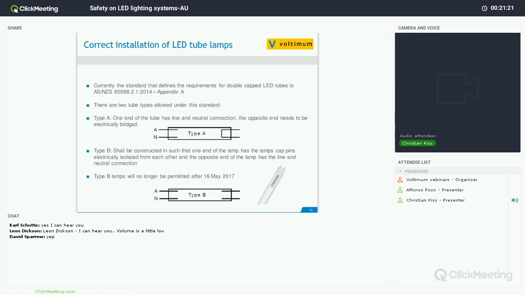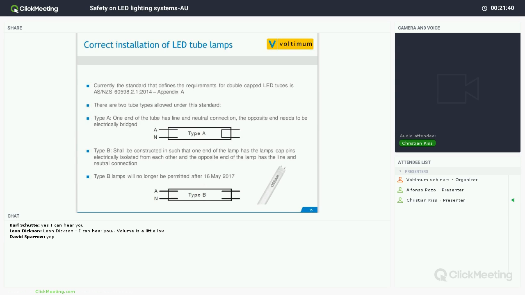And what they've done is they've put in an appendix, because one part of it addresses LED luminaires that are made to take these LED tubes, but the other part is specifically in the appendix, which addresses the standards for LED tubes in Australia and New Zealand.